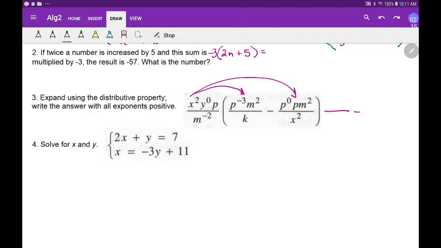I don't have any y's. The y's are gone. I have p, and let's see, I have m to the -2 on the bottom here, and m to the +2 on the top.